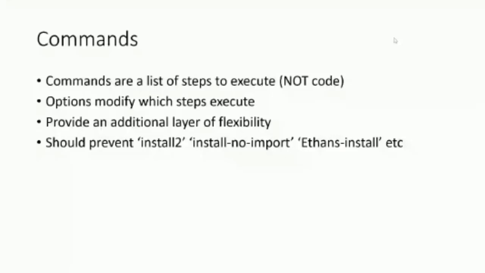So as part of that configuration, you can say, oh, hey, if I pass -C to my install command, it'll clear the compiled object cache. Or you can add or remove or modify what steps are in the list for a command. And that gives it a little bit of flexibility, so you don't have Ethan's install, Steve's install scripts floating around there. So it's a nice layer to have.